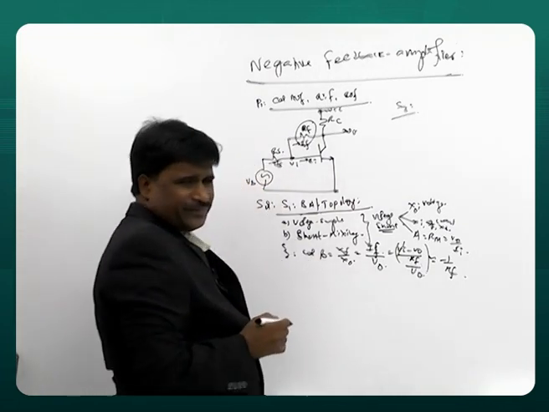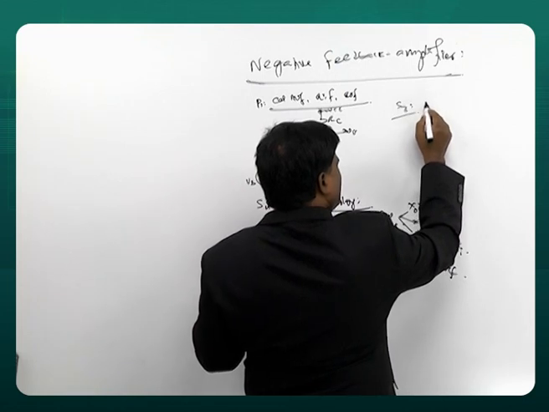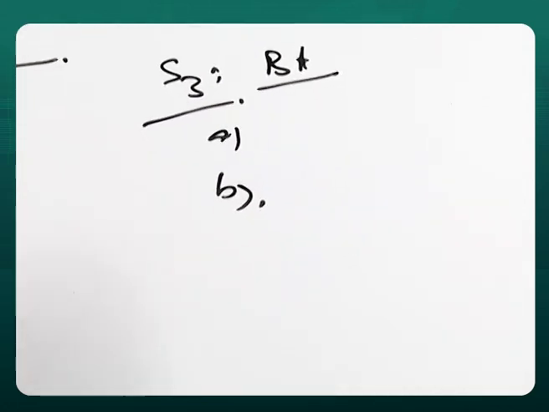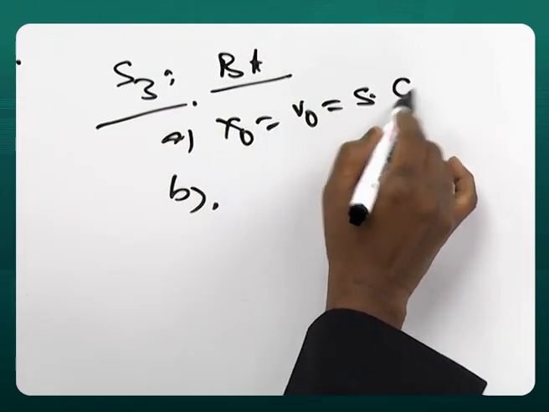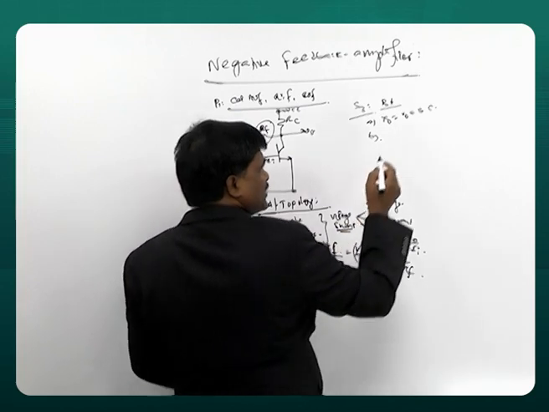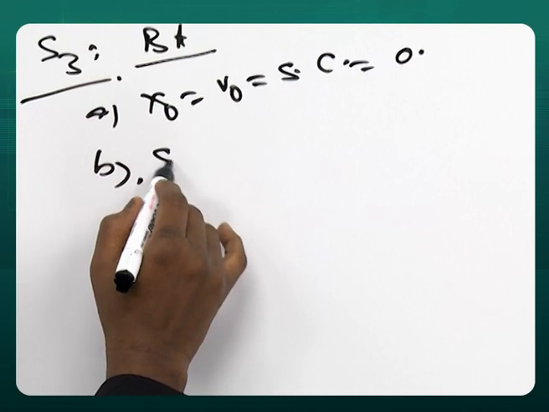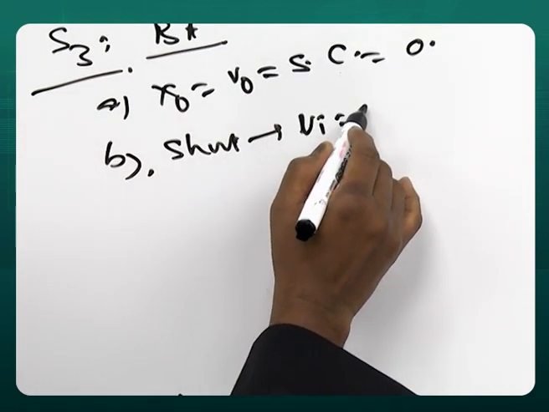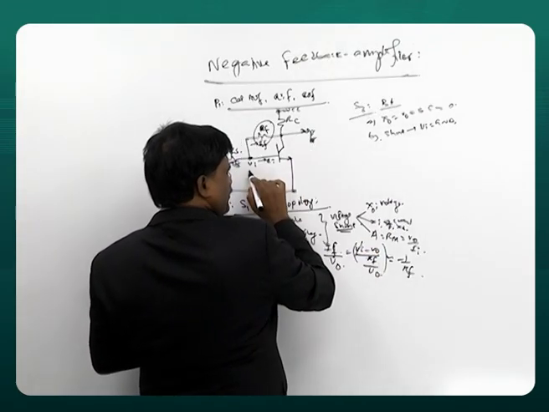Step 3, the basic amplifier. What did I say there? Output is V naught, so short it, put X naught = 0, since it is voltage. Input is shunt, and shunt means ground it, I said. So make this 0, and RF appears at the input.